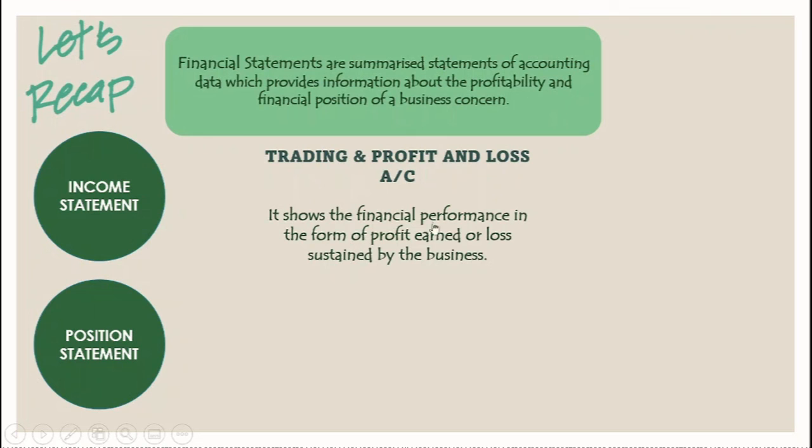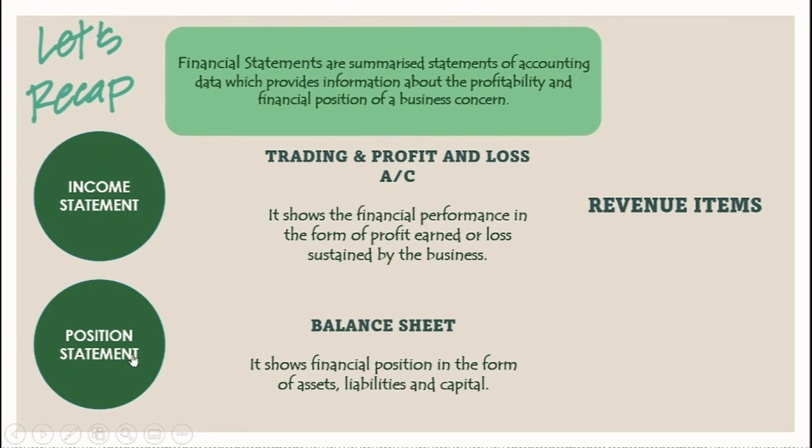And in the trading account, we also learned what type of items are shown in the trading profit and loss account, that is, revenue items. On the other hand, the balance sheet is prepared under the position statement, which shows the financial position of the business, and this records all capital items given in the trial balance.